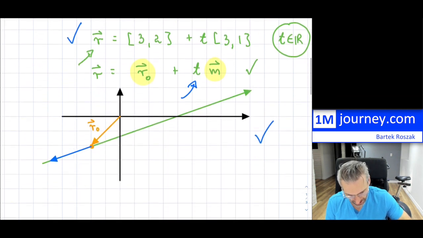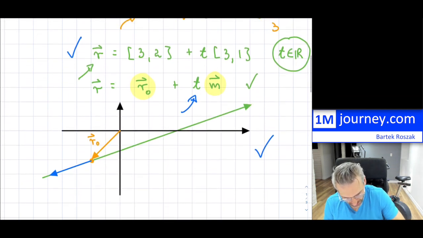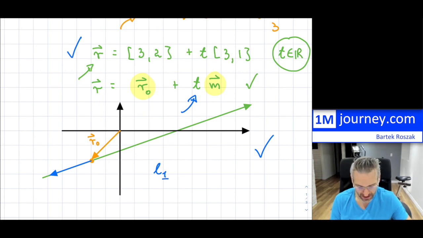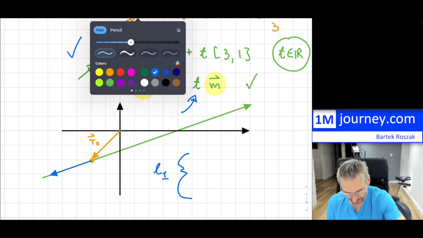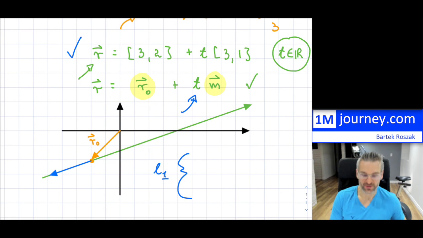So the way that mathematicians do this is they'll say L1 is the equation of the line that you have. And this will, again, depend on who's writing it, who the teacher is.